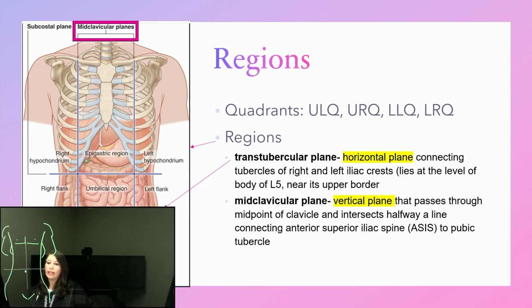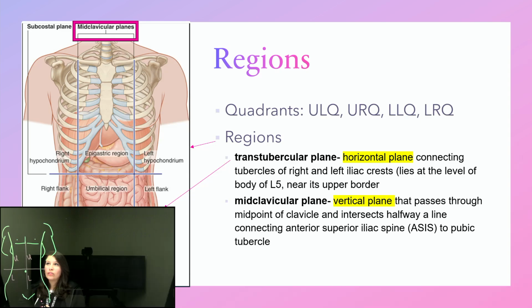Basically, we're throwing a line from the xiphoid process all the way down to the pubic region, and then we throw another line more or less at the level of the umbilical area. That gives us four spaces or quadrants. So we're going to have two upper quadrants and two lower quadrants, as you can see there.